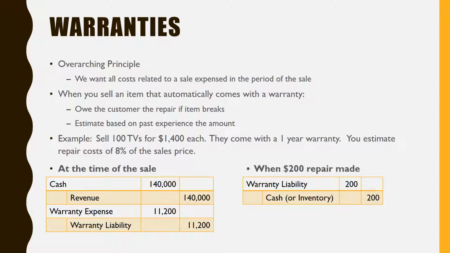When you make the repair, then you just reduce the liability. If we're sending cash to a repairman, it's $200 in cash. If we send you parts with a $200 cost, then it would be inventory for the parts. Again, different problems, we'll word those differently. Just credit whatever it is we're sending the repair person.